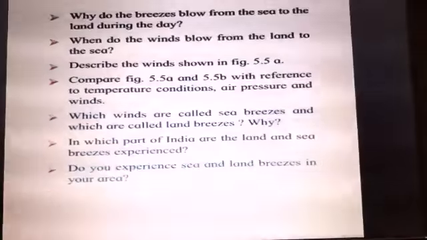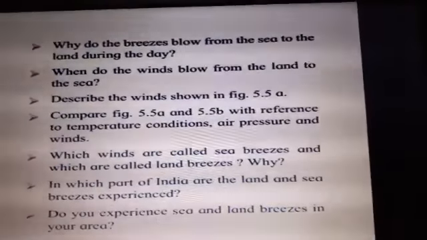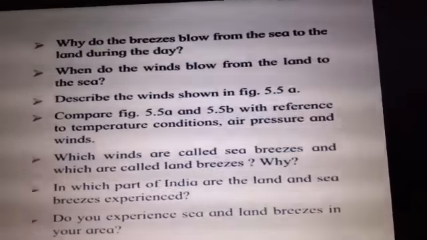Understood? Now let us see the questions which are given. Why do the breezes blow from the sea to the land during the daytime? Just now I have explained to you children the concept that land gets heated up faster than water. So the land is getting heated faster than the water and the air pressure on the land decreases.